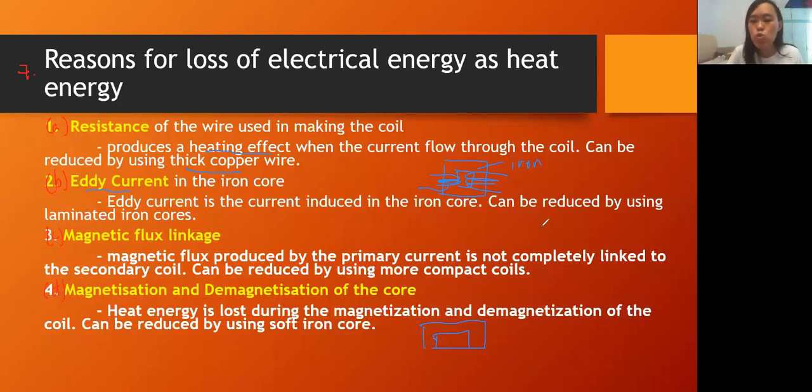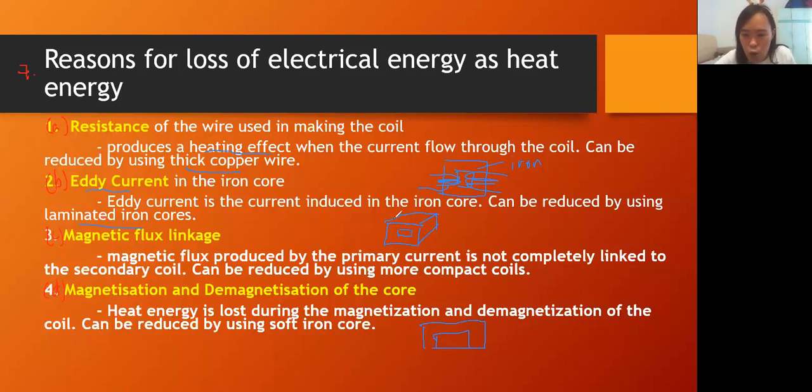So we can reduce it by using a laminated iron core. Instead of using this iron core as a whole thing here, if you are not using laminated, it will be like one whole solid piece.